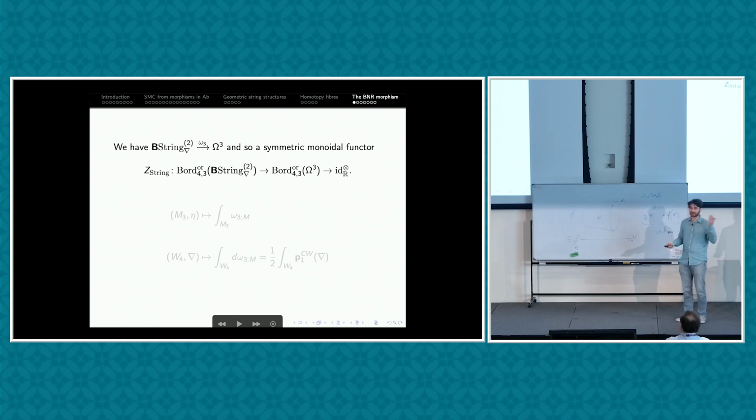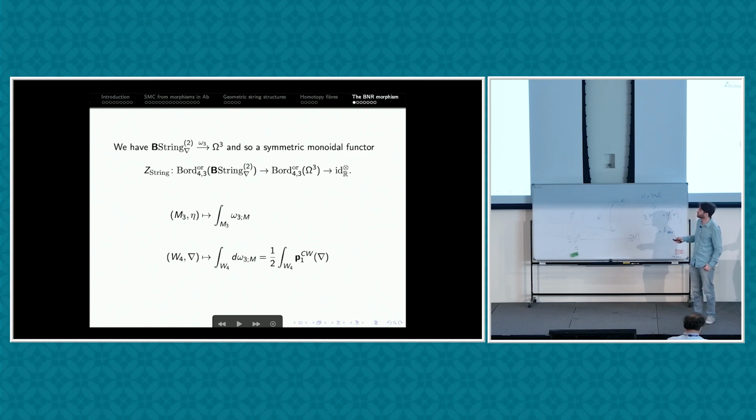Remember that we also had a theory which I called Z spin, that started from the analog of this, but with spin connections, and ended up in the exponential of 2πi. Let me be more explicit here. What is Z string? On a 3-manifold with geometric string structure, I pick up the canonical 3-form of the geometric string structure, and I integrate it.